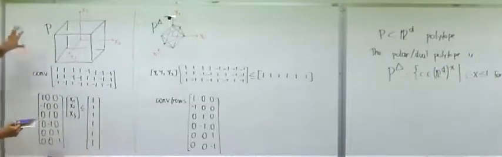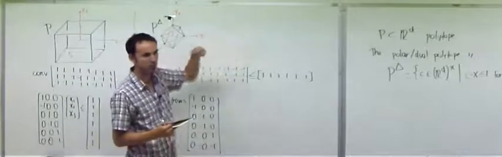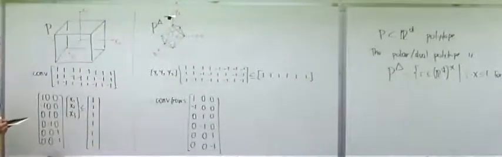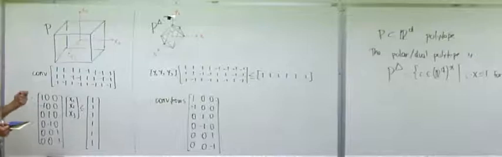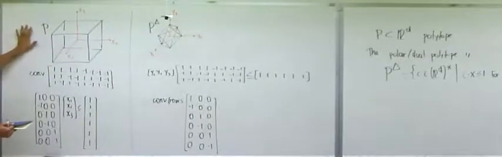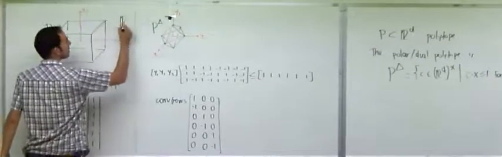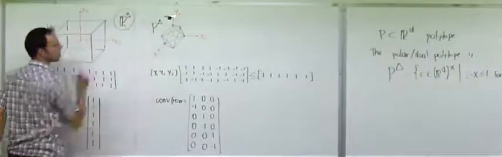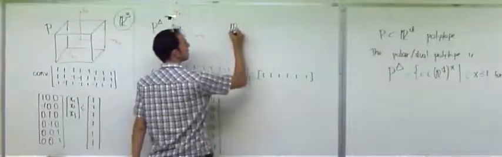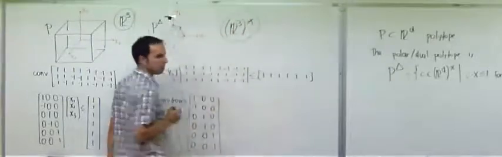You want to think that this is kind of your main vector space, and this is the dual vector space, which consists of the linear functions on this vector space. If you want to think about this in a very concrete way, you want to think of the points in the main space, so this is R^3, as column vectors, and this lives in the dual space, and it's useful to think of these as row vectors.